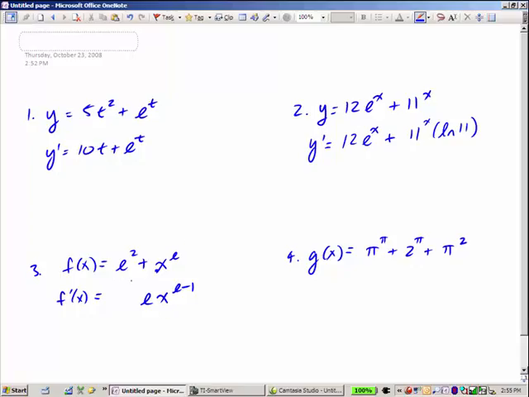She knew that e squared was constant. No exponential rule in there. Nice. Alicia, who's up? Rachel.